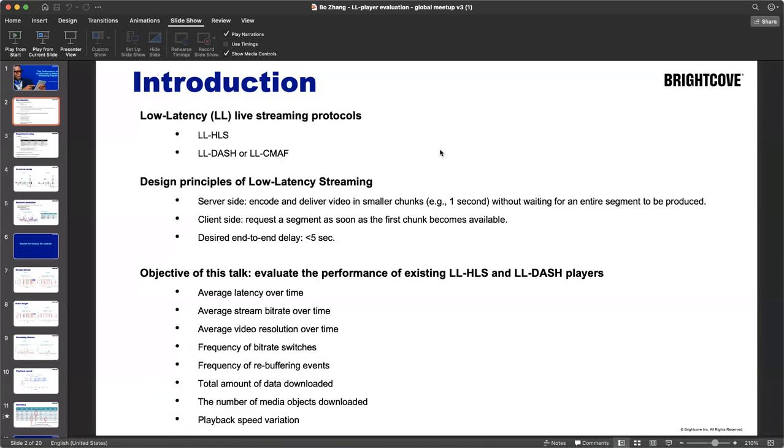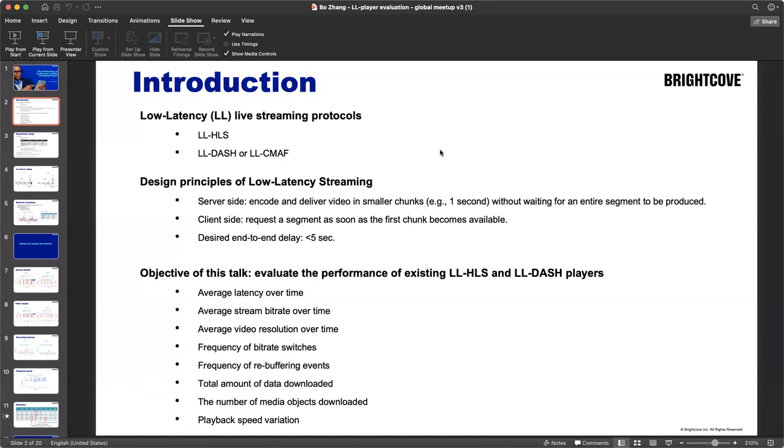So first, what is low latency live streaming? There are currently two competing technologies in this domain, low latency HLS and low latency DASH or CMAF. The design principle is similar for these two technologies.